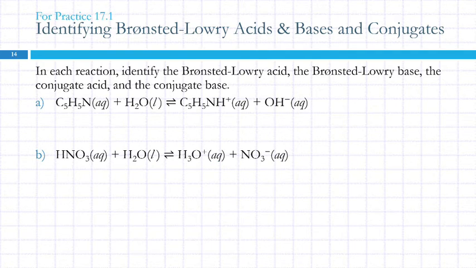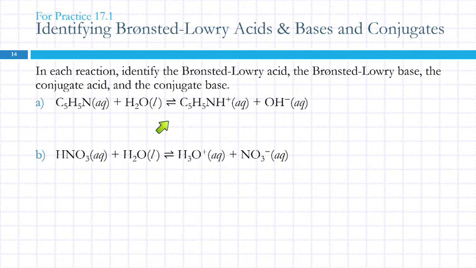So in each reaction, identify the Bronsted-Lowry acid, the Bronsted-Lowry base, the conjugate acid, and the conjugate base. Do we need to have the Bronsted-Lowry definition clear in our minds in order to answer this question? No, we don't. We need to be able to recognize an acid and recognize a base.